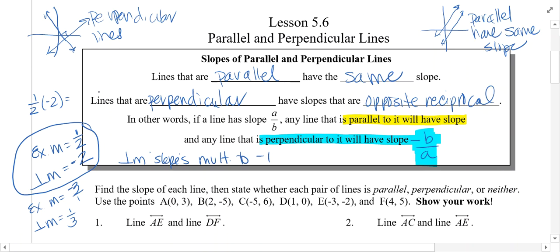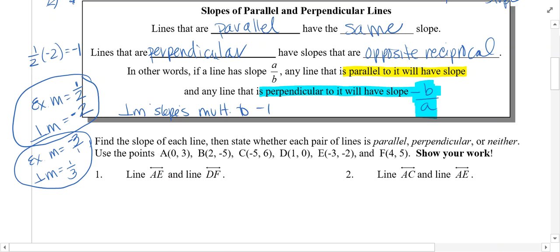The 2's cancel and you get -1. The -3 times 1/3, what do those equal? -1. So if a problem ever asks you, are they perpendicular, you can always double check by multiplying them and finding that they multiply to -1, then yes, they are perpendicular.